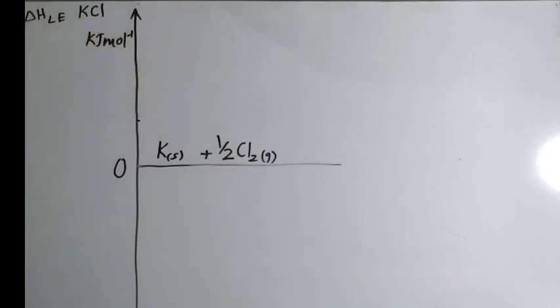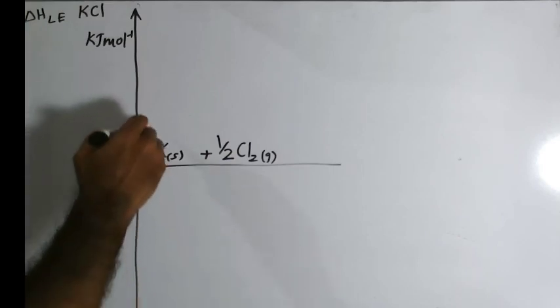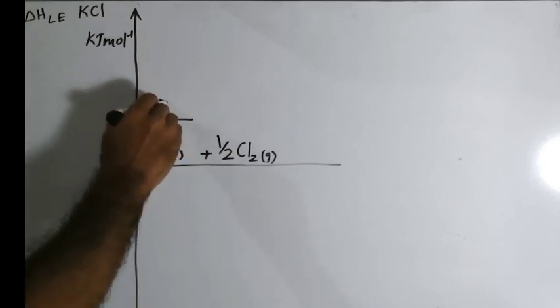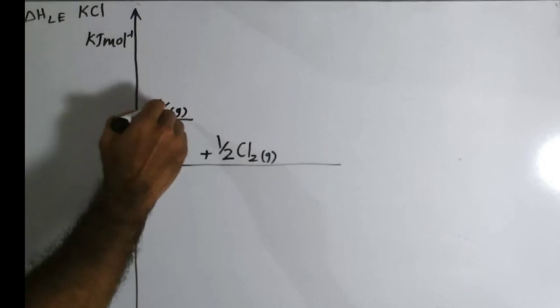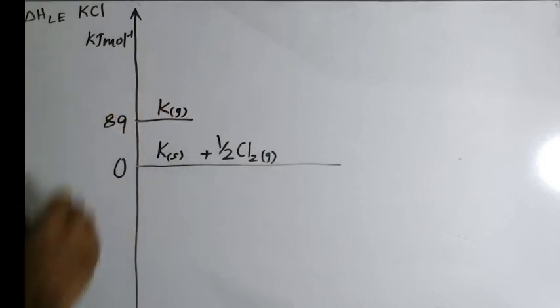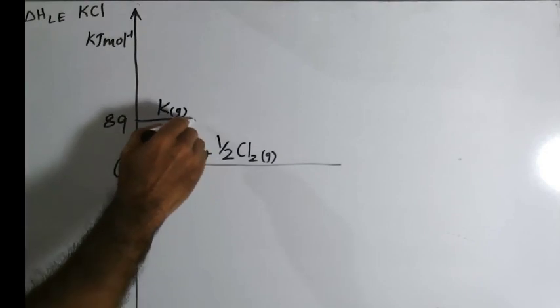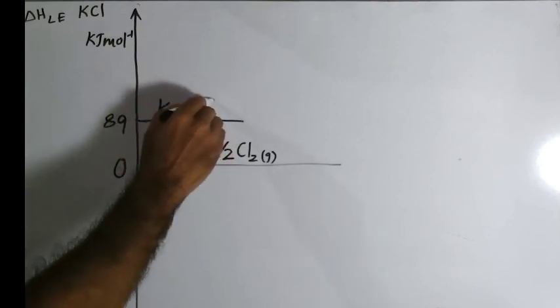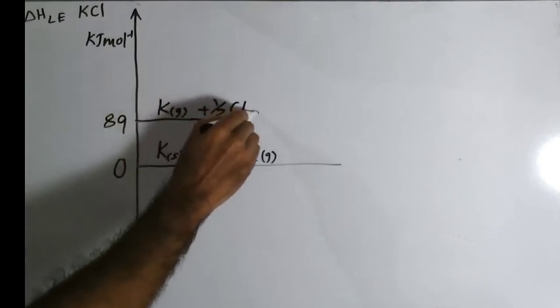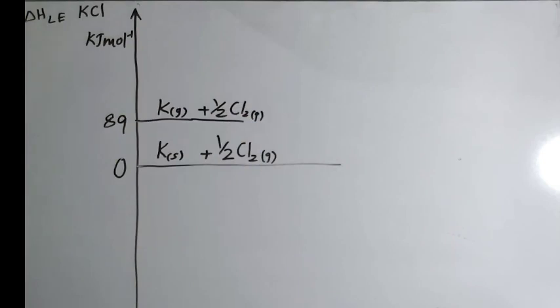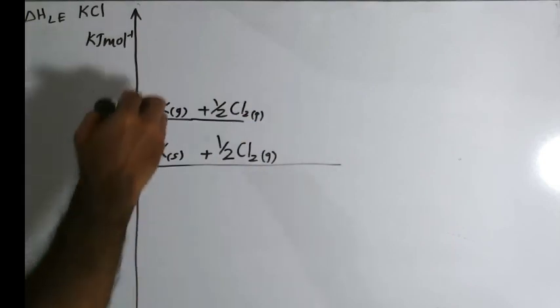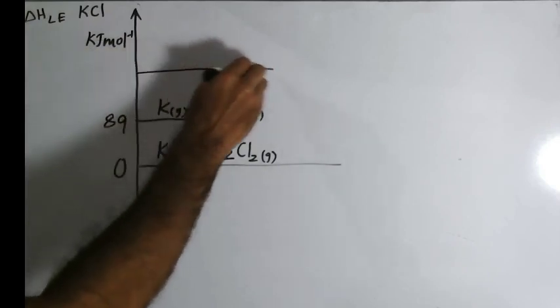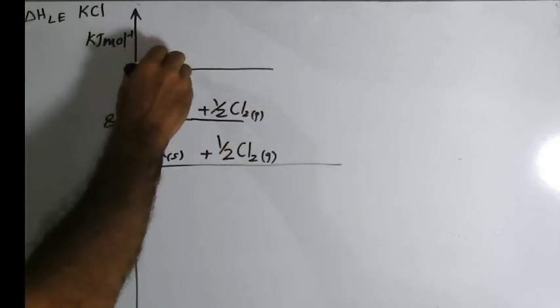Before going to the ionization, we have to convert potassium to gaseous potassium. So I used this level, gaseous potassium, and 89. That energy should not go to the chlorine, so we should not change chlorine. Chlorine should be placed as chlorine gas. For chlorine, I use this level. Potassium should not change.